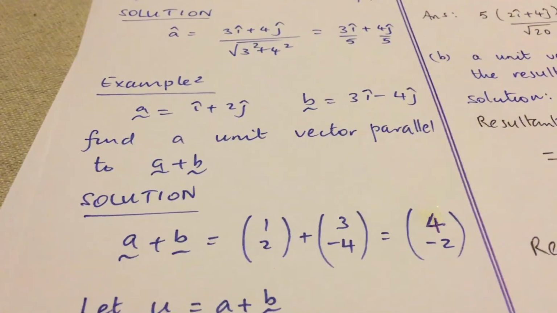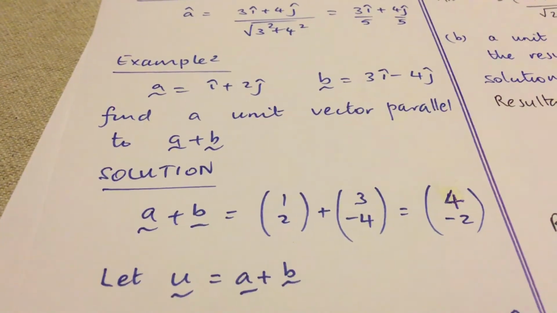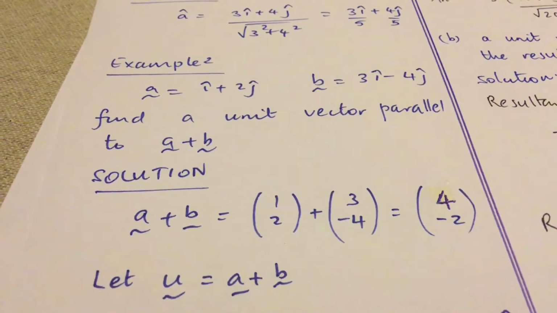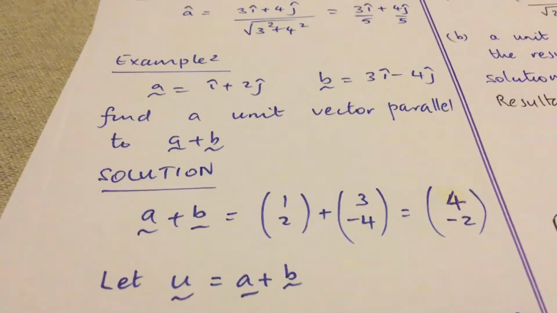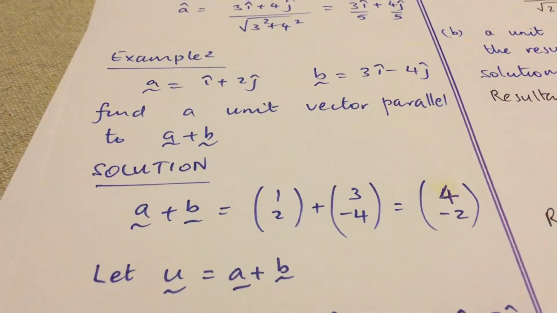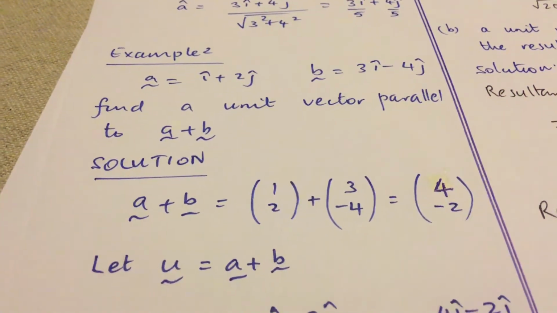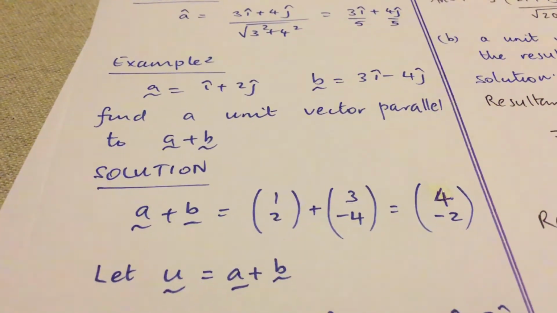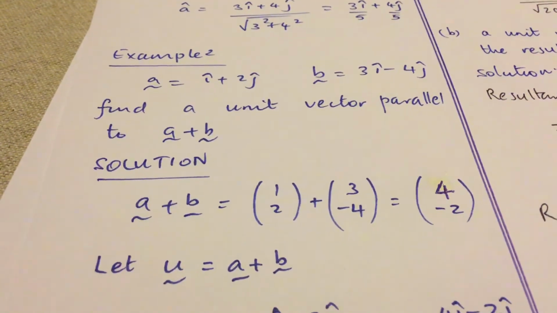So vector a is i plus 2j, which we can write as (1, 2). Vector b is 3i take 4j, which we can write as (3, negative 4). By adding them, we add the first number in each bracket, which is 1 plus 3 gives us 4, and then 2 take 4 is negative 2. So therefore a plus b is (4, negative 2).